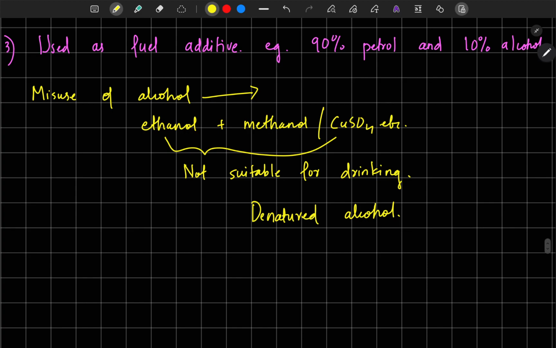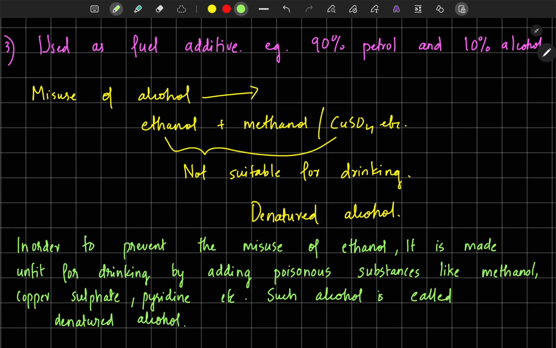I'll write the definition. If this is asked in your exam, you need to write: in order to prevent the misuse of ethanol, it is made unfit for drinking by adding poisonous substances like methanol, copper sulfate, pyridine, etc. Such alcohol is called denatured alcohol.